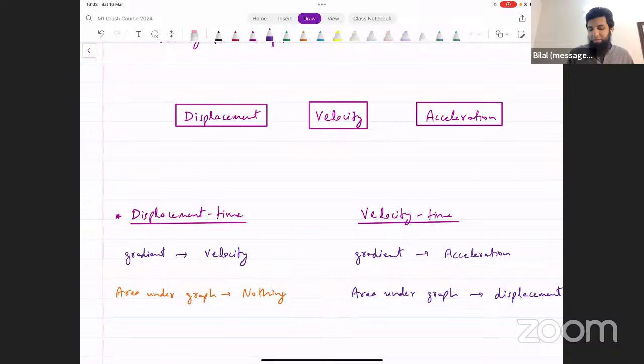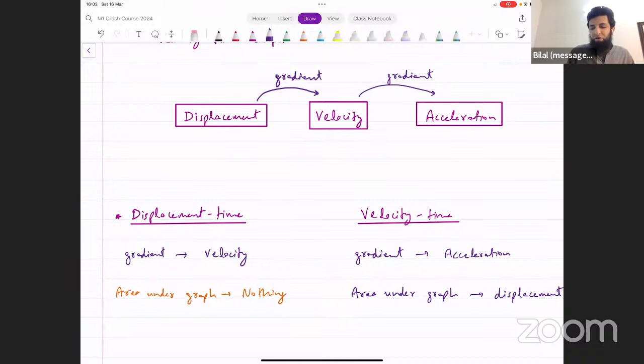For the displacement time graph, if you were to find the gradient, you would get velocity. For a velocity time graph, if you were to find gradient, you will get acceleration. So as you go from left to right, you're finding gradients. Gradient of displacement time graph is going to give you velocity. Gradient of velocity time graph is going to give you acceleration.